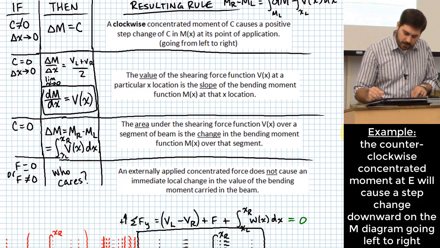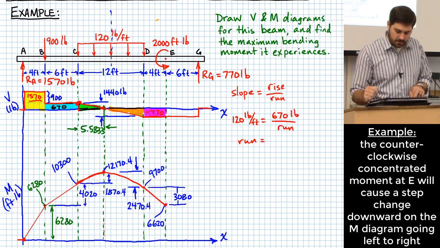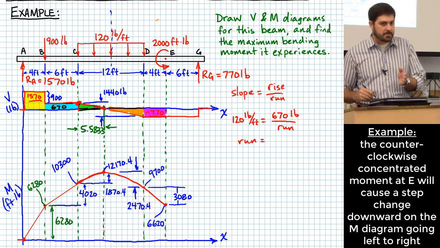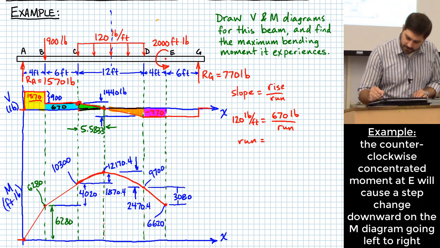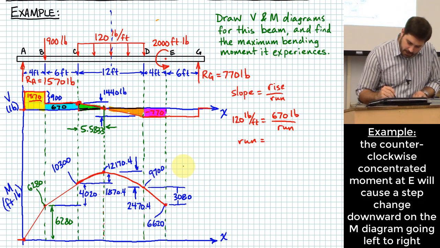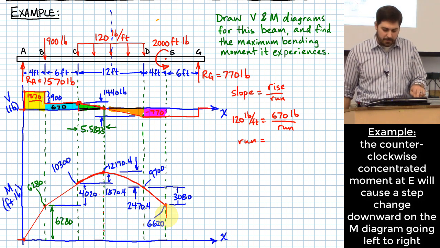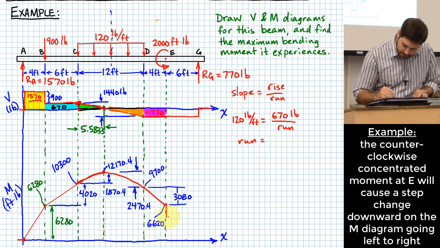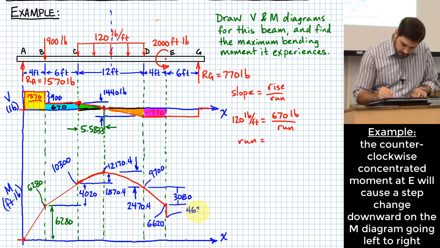What direction is ours? Counterclockwise. So I don't have a positive step change, I have a negative step change. So I drop this by 2,000 foot-pounds, straight down immediately right there. So that gives me at this location 4,620.